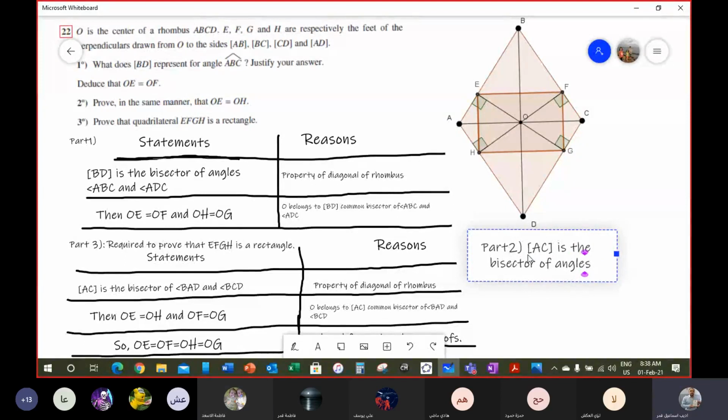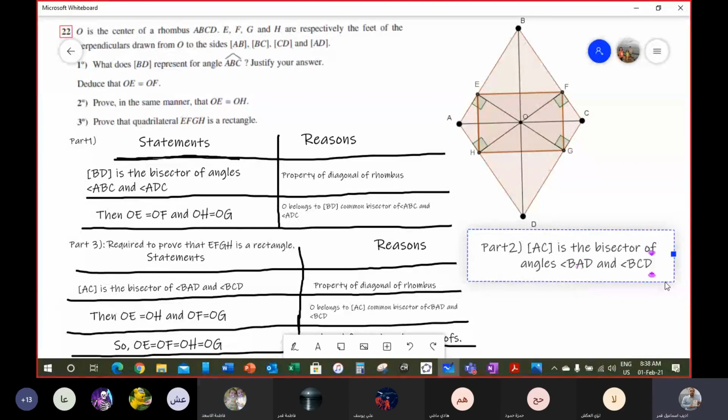AC is the bisector of which angles? Look at the figure: of angle BAD and angle BCD. Okay, AC is the bisector of angles BAD and BCD.